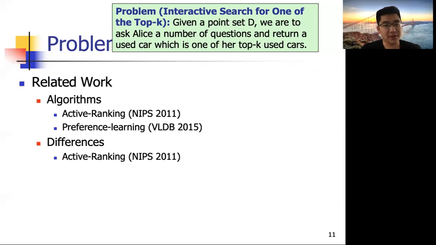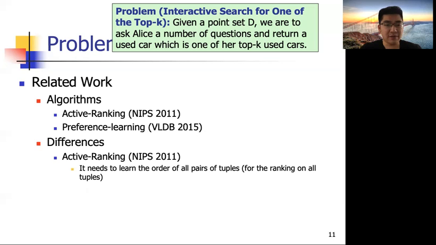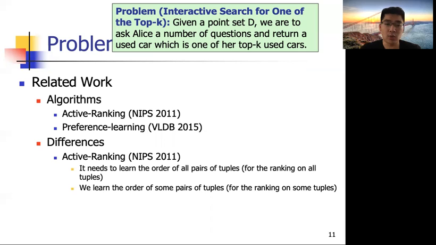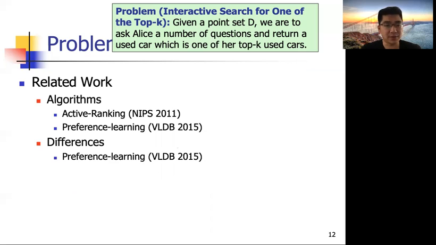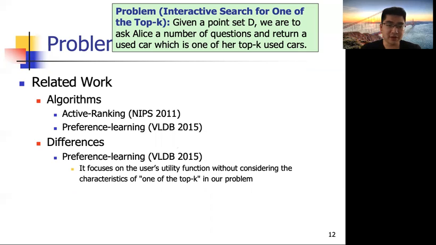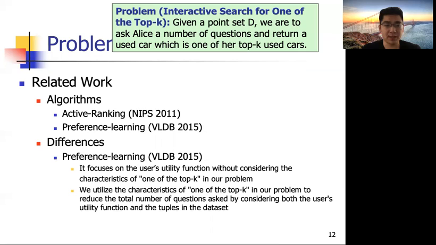As for the differences, active ranking needs to learn the order of all pairs of tuples, that is, the ranking on all tuples. While we just learn the order of some pairs of tuples, the ranking on some tuples. As for preference learning, it focuses on the user's utility function without considering the characteristics of one of the top K in our problem.